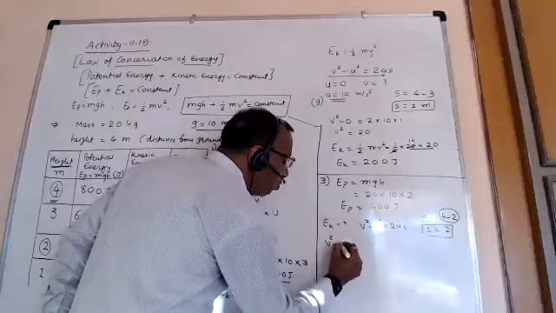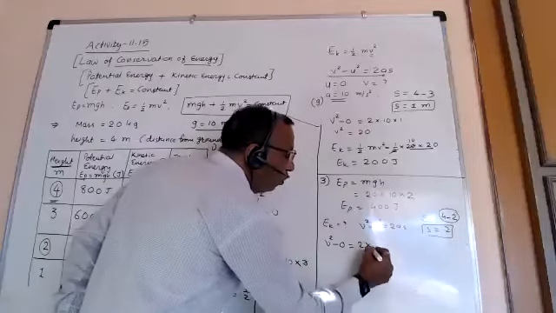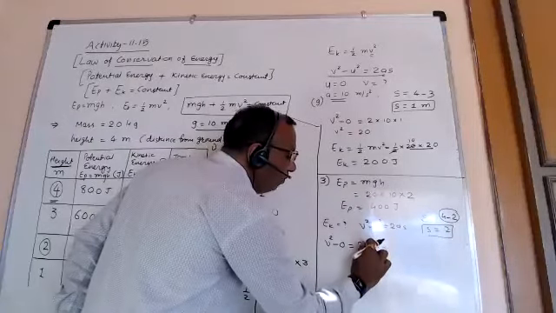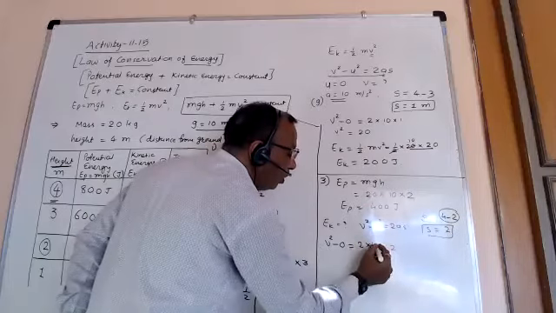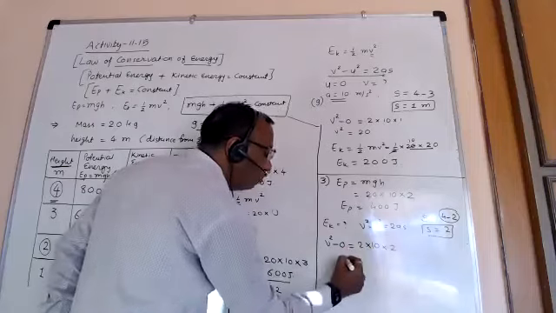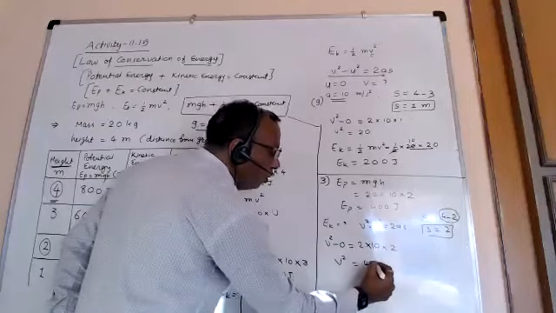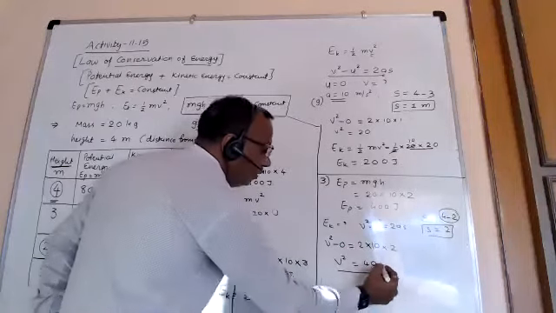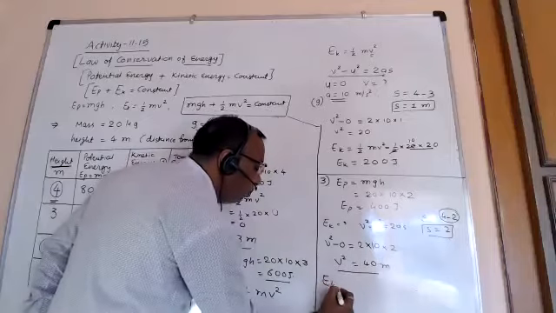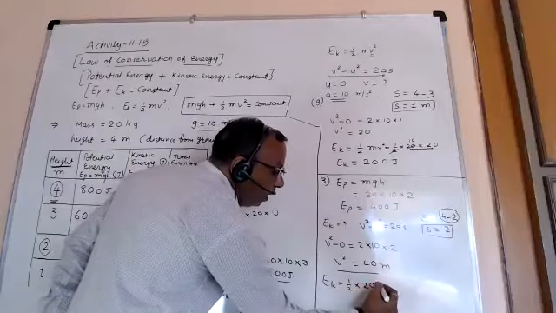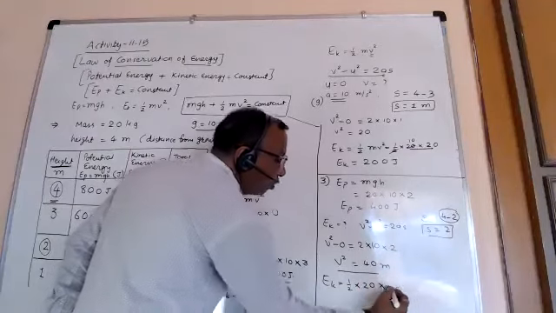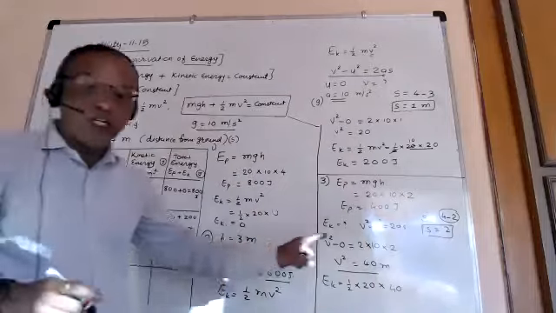So v square is to be found, u square is 0, 2, acceleration is 10, friends, and the distance covered by the object is 2 meter. So here, friends, v square is equal to 40. If I put it in the formula of kinetic energy, this is m 20, and v square directly is 40.